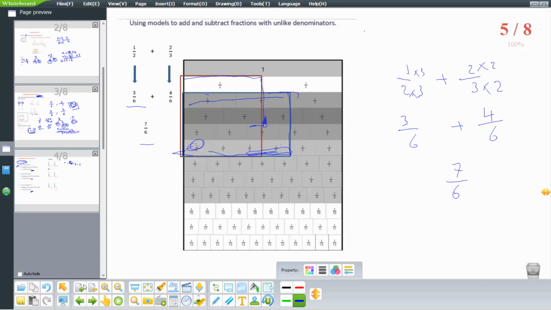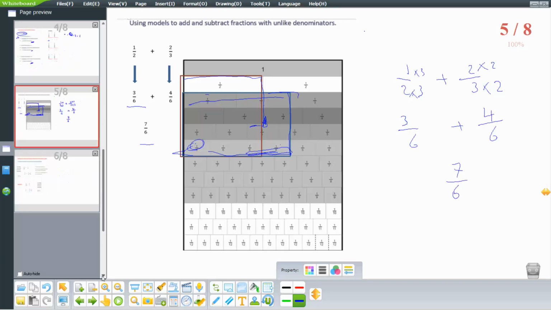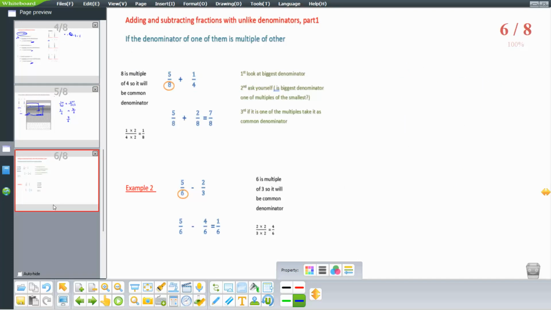So 3 plus 4 equals 7 over 6. Okay, let's see. Adding and subtracting fractions with unlike denominators. Here we have many ways to think. Here we have 5 over 8 plus 1 over 4. First step, circle the biggest denominator.